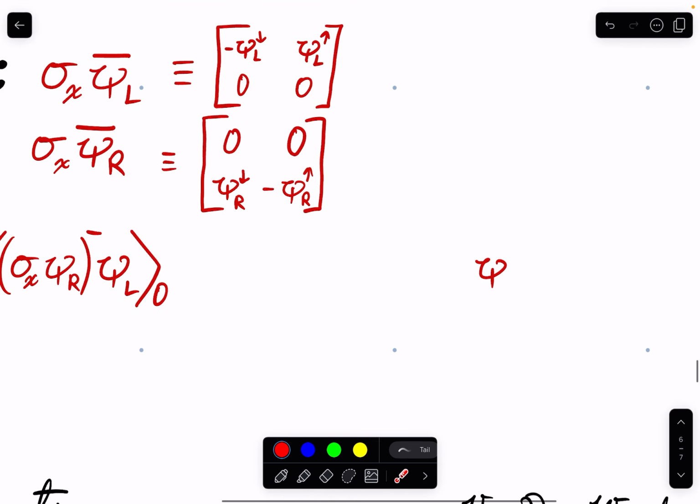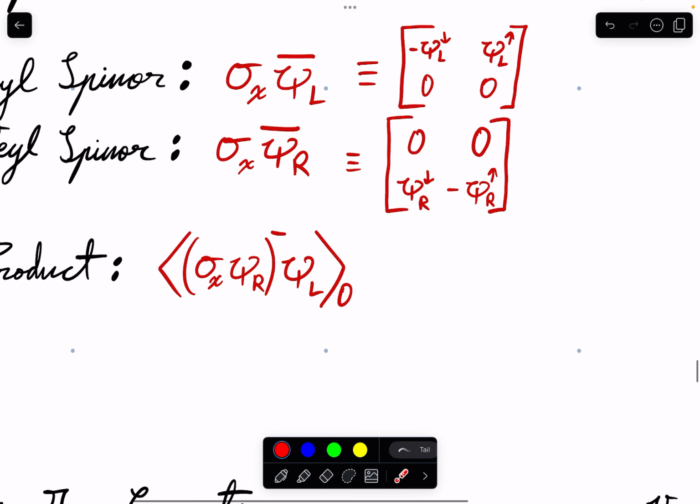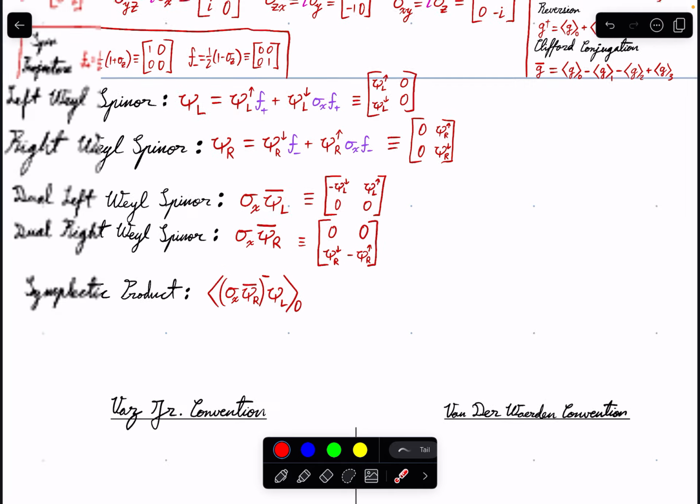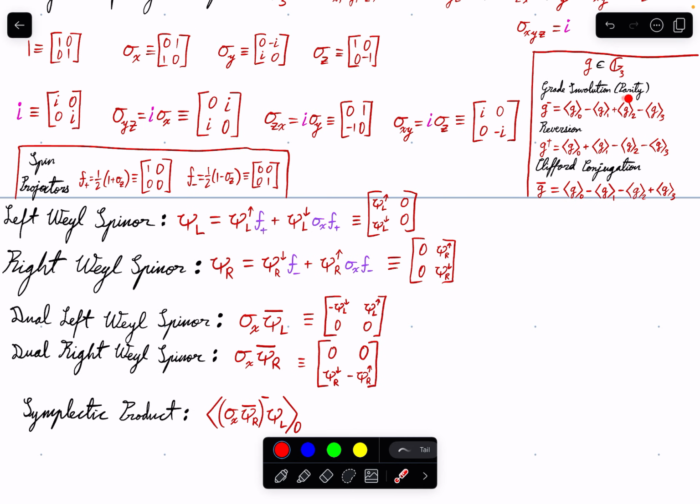And what this does is, you always have to take a dual, you always have to take a left spinner and then a right spinner, but then make the right spinner into a dual right spinner. And then you have to conjugate it using grade involution, because remember how I said grade involution is parity?